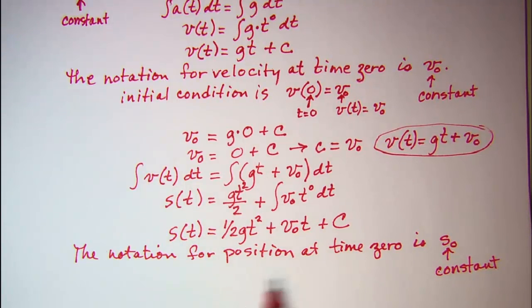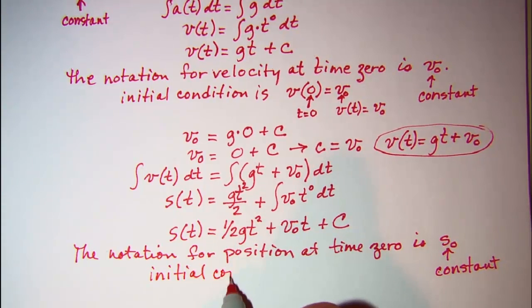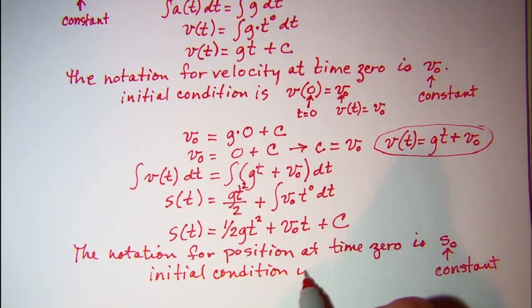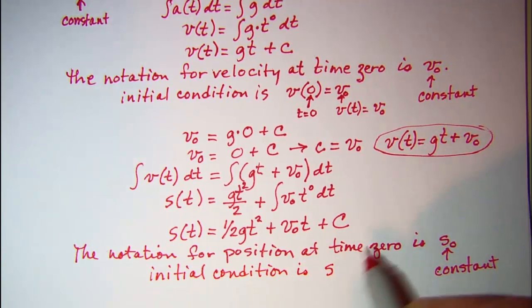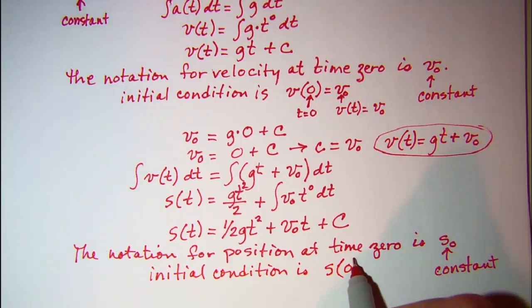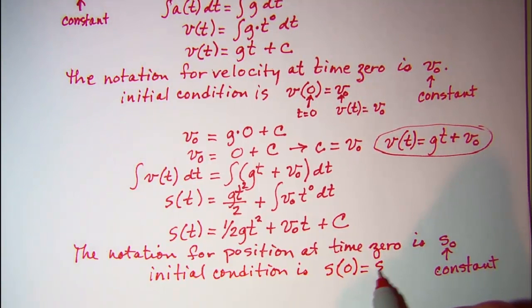So we'll use that in our initial condition. So we have s at time 0 is equal to s sub 0.